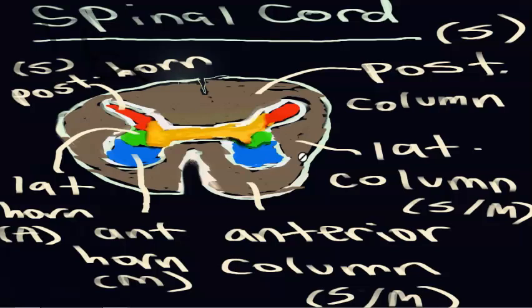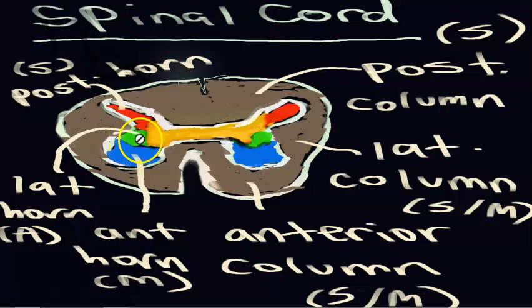In terms of the horns, they have more exclusivity in them and they're more specific. The anterior horn is going to send output motor information to the skeletal muscles, for example. The posterior horn is going to receive sensory information.